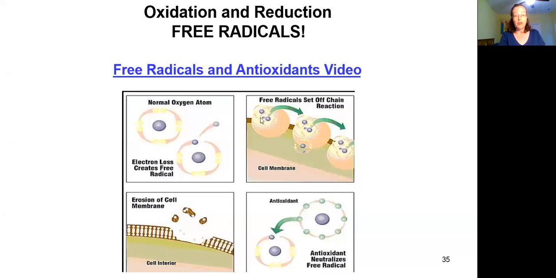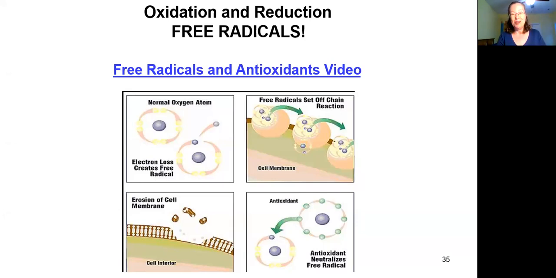Here is an example where there's a normal oxygen atom and something's happened. It's been exposed to some sort of external environmental damage, and the oxygen atom loses one electron and it hasn't become stable. In fact, it's become even more radical.